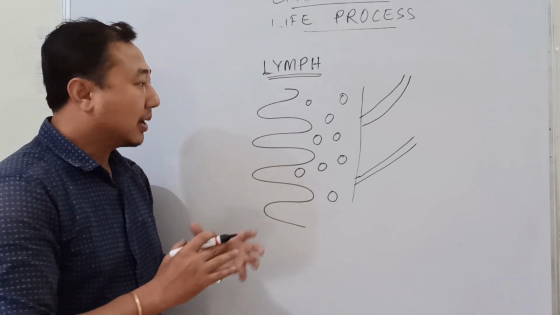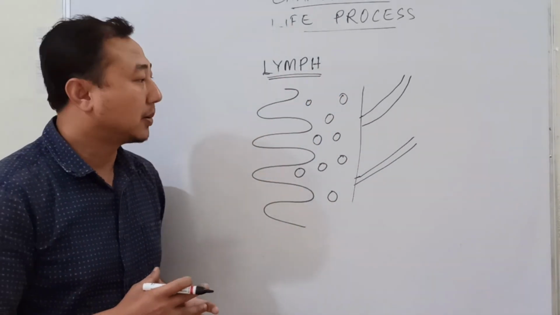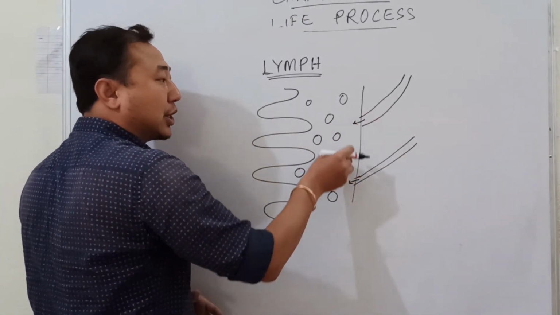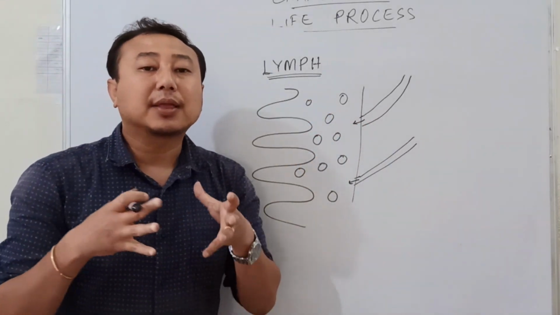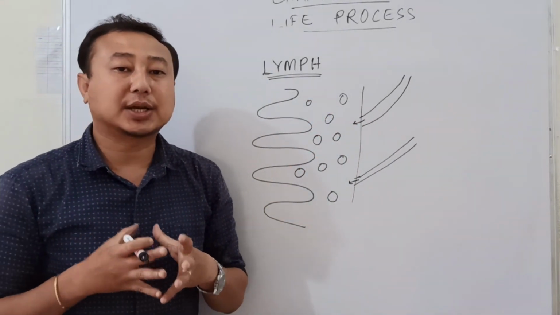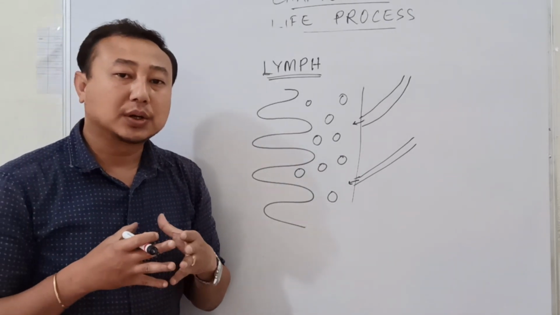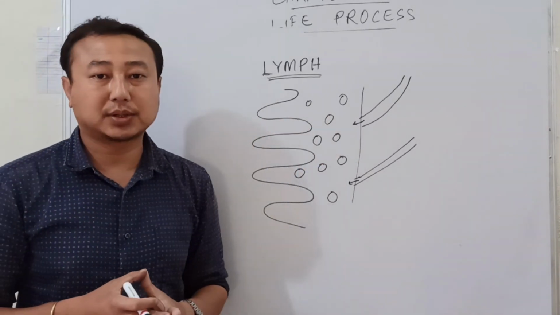Because of that reason, a network-like structure, a channel-like structure, is developed by diffusing the plasma from the blood capillaries through the wall of the intestine, filling up the intercellular space present inside the intestine. This fluid matrix, which forms a network-like structure, is the lymph.